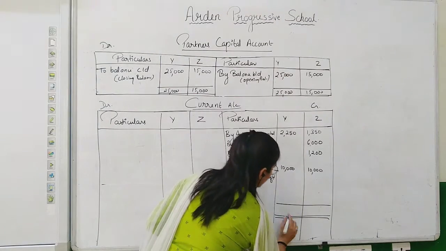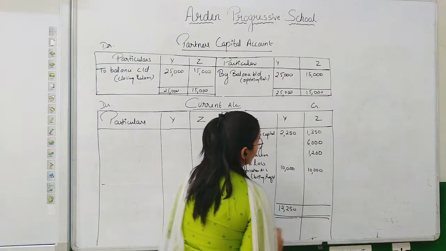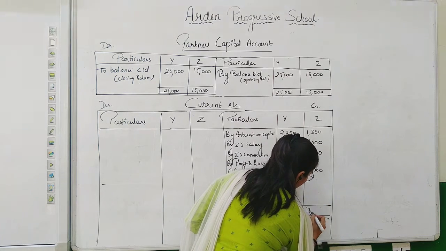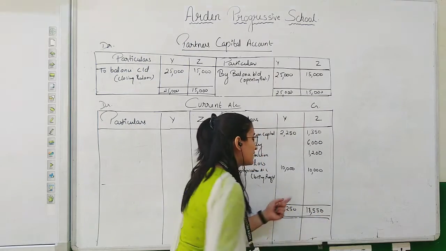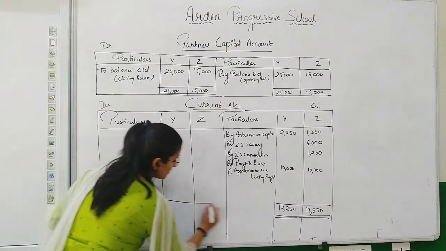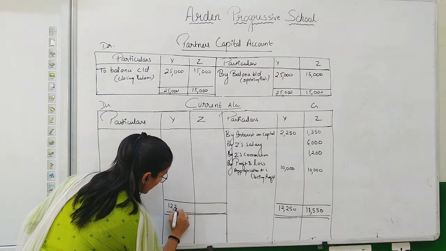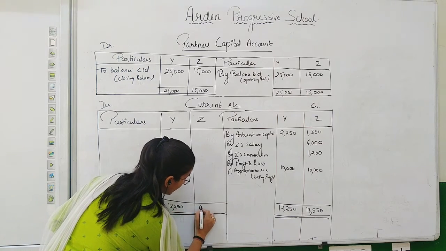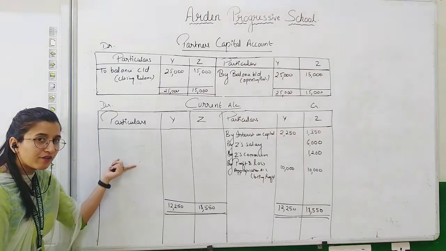So here total is 12,250 and here 18,550. So credit side is having a greater value, we will record the same amount on debit side also. 12,250 and 18,550. So this is the balancing figure here.